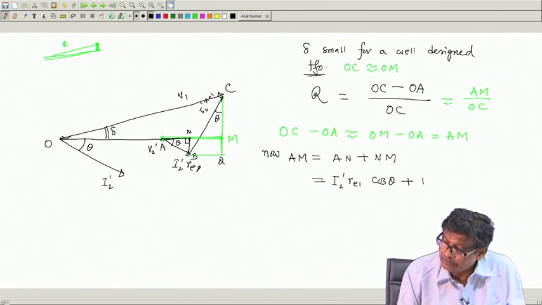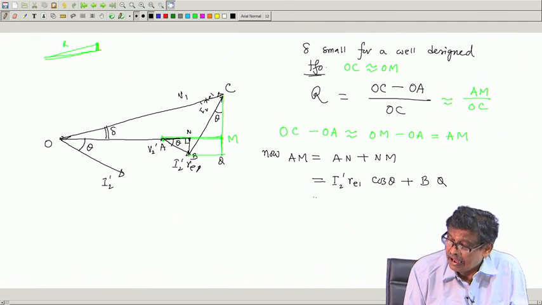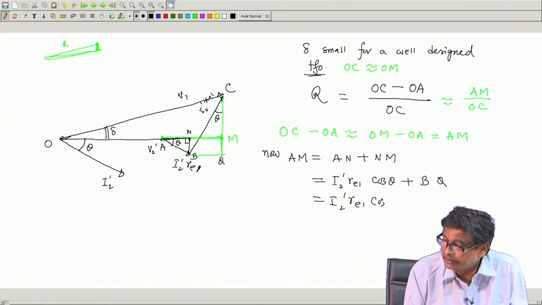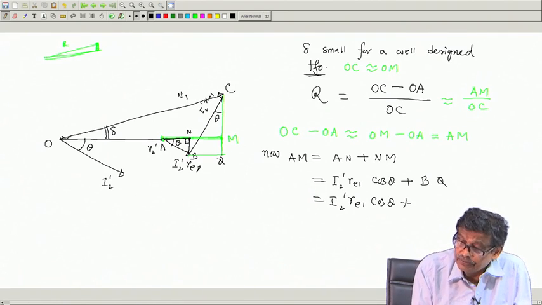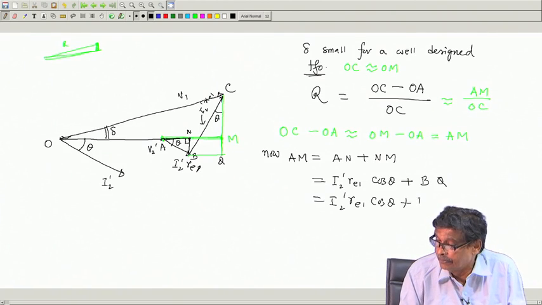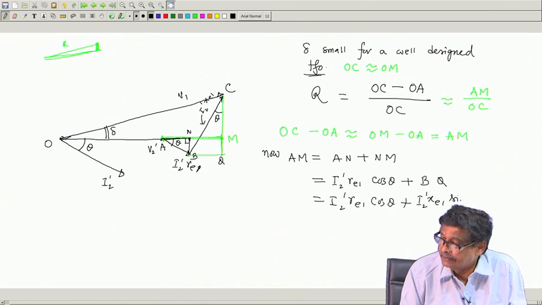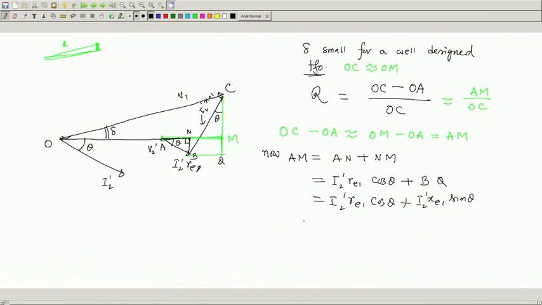Therefore, this will be BQ, and from this right angle triangle this one is I2' X_e1 sin theta. So, this will be I2' X_e1 sin theta, divided by OC, and OC is V1.